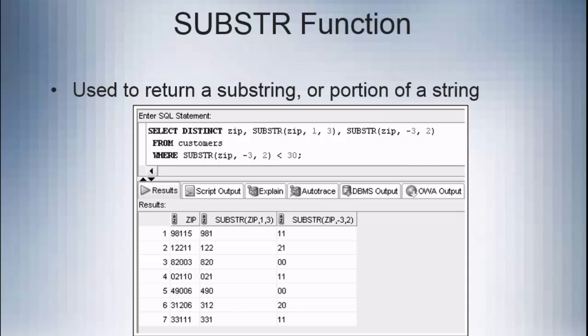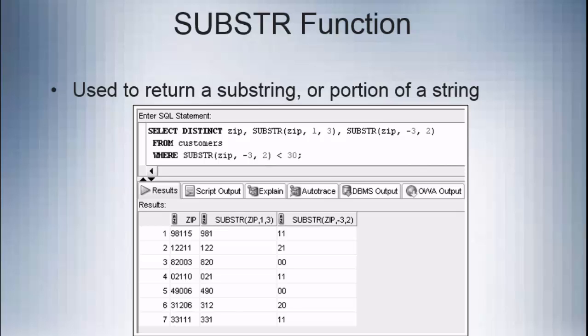If you look in the first column, the full zip code is 98115. The third column also uses a substring function, and it's using the second argument as -3, which means it backs up from the last character.